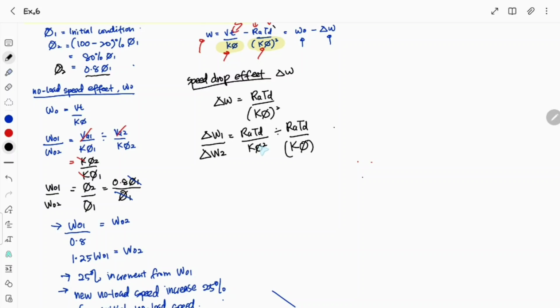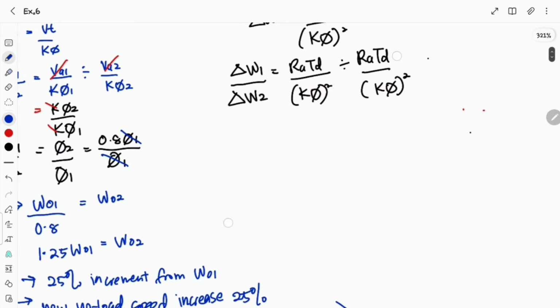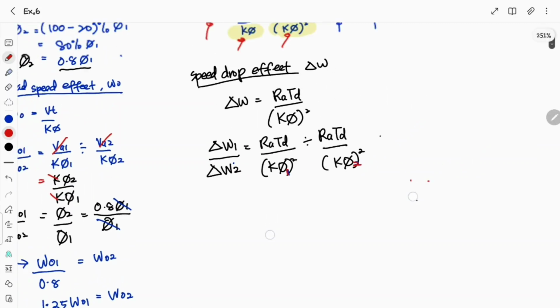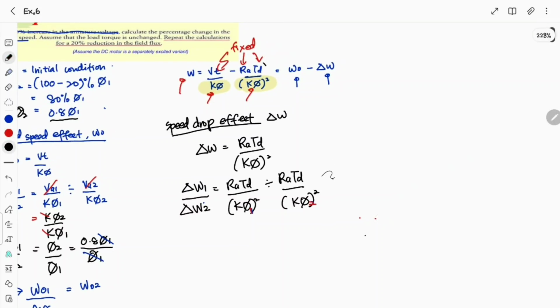Oh, sorry, this kV square is written incorrectly. So kV square, careful, kV square, and this one is kV1 here, and this one is kV2. You can't see it? kV2, kV1. Okay, and rearrange to make our calculation or analysis easier for you.